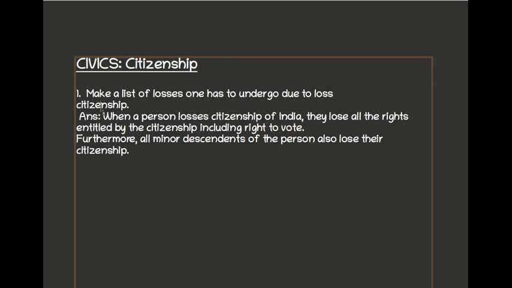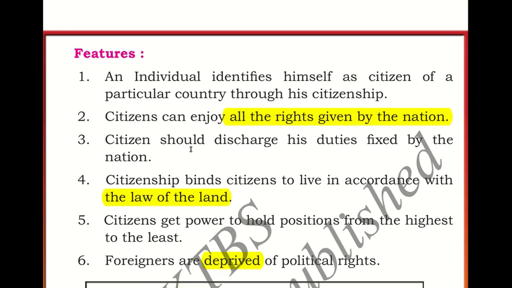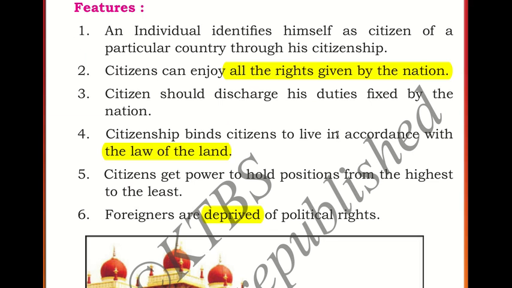So these are the points you can add to your answer along with all the features of citizenship which are lost by the person. So here, the rights citizens enjoy given by the nation will no longer be applicable because they are no longer citizens. And we can also add that people who have lost their citizenship cannot hold power in the administration and they are deprived of their political rights because now they are considered as foreigners.